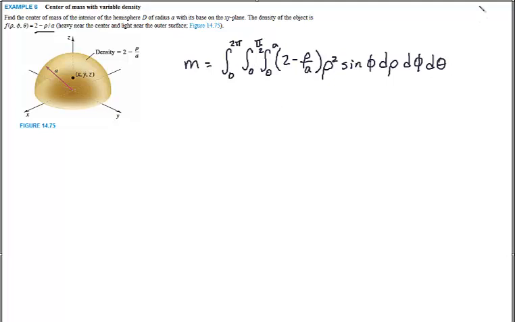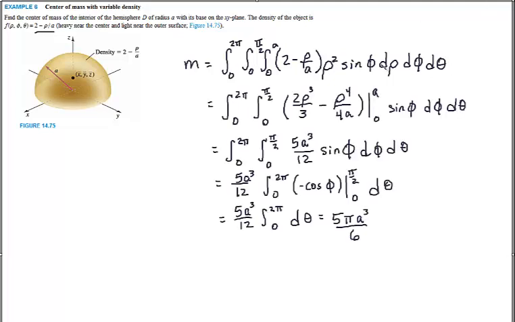And I'll compute this integral. Okay, we have the mass, and due to the symmetry of this object, I can see that once again the center is going to be on both the x-axis and the y-axis, and therefore we're just going to be looking for that z value, or the height of this.